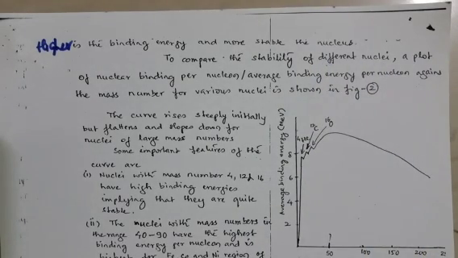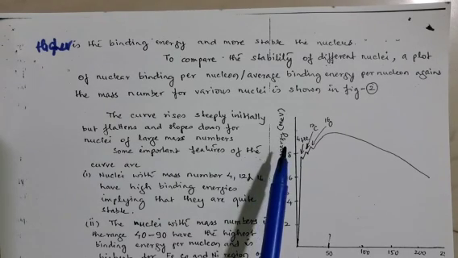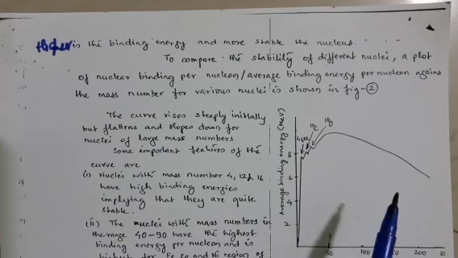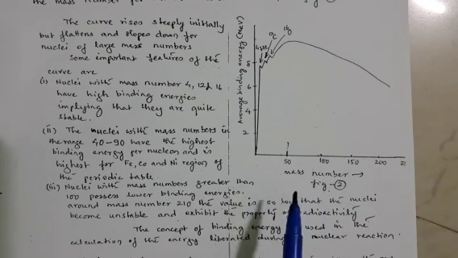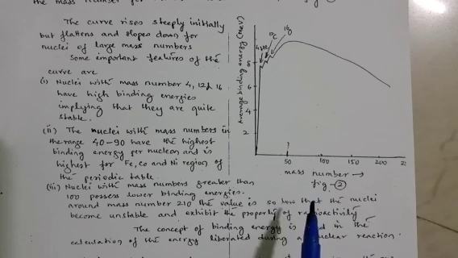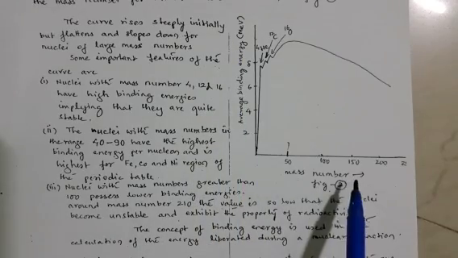To compare the stability of different nuclei, we can plot the nuclear binding energy per nucleon, or the average binding energy, on the y-axis and the mass number on the x-axis. As you can see, the stabilities of different nuclei can be compared by plotting the average binding energy against the mass number.